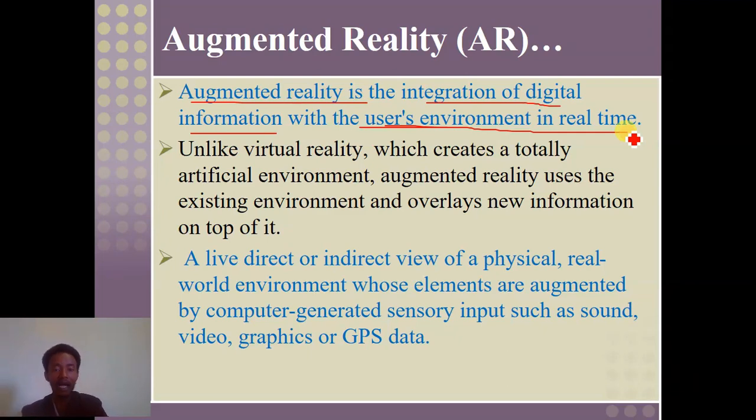But unlike virtual reality, which we are going to see in the next lesson, which creates a totally artificial environment, the main idea behind virtual reality is to create a totally artificial or immersive environment, so that users can create a computer-generated world. Computer-generated means converting the real world into digital or computer-generated technology.